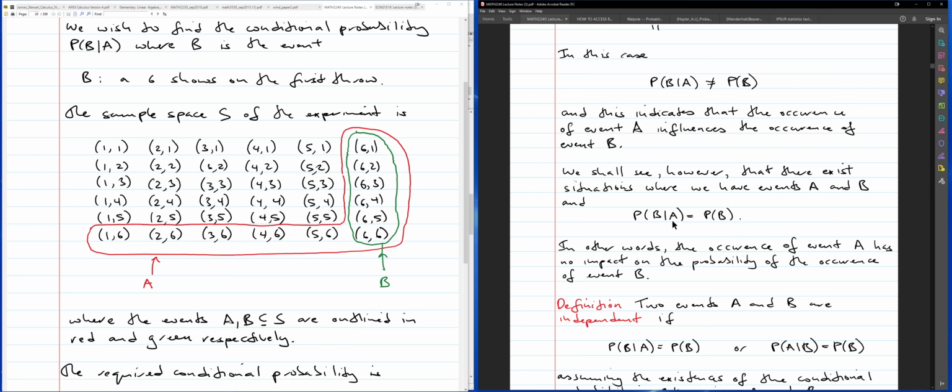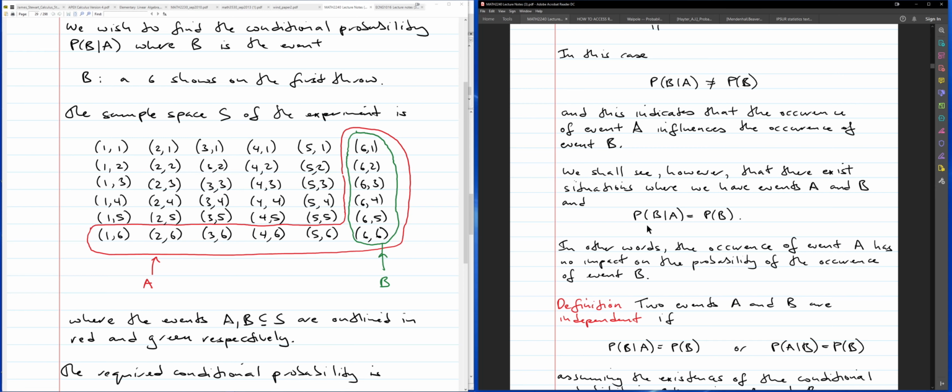The occurrence of event A has no impact on the probability of event B. In terms of probability, a certain proportion is maintained, but it's easier to see with an example.